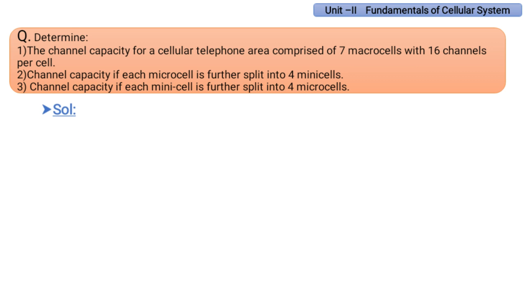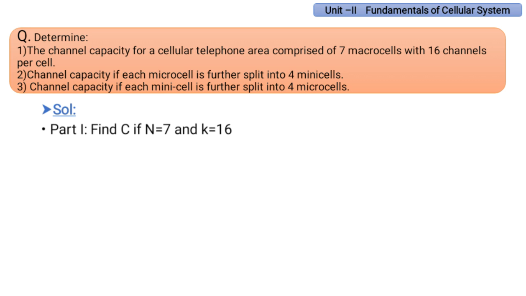So the solution for this question is, for part 1, write down what we want to find. We want to find the channel capacity. Here cluster size is given, N is equal to 7 and K is 16 channels. Total number of channels is 16. Here the cluster is not repeated, so take M is equal to 1.